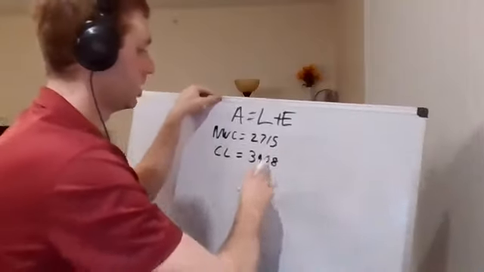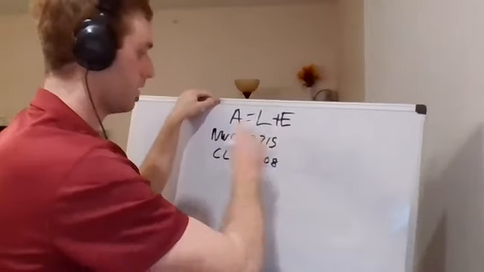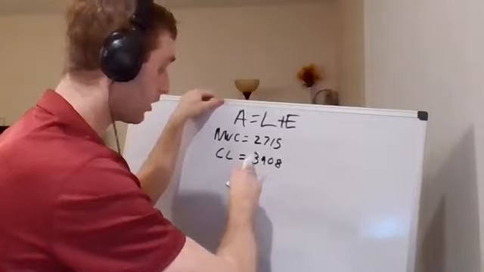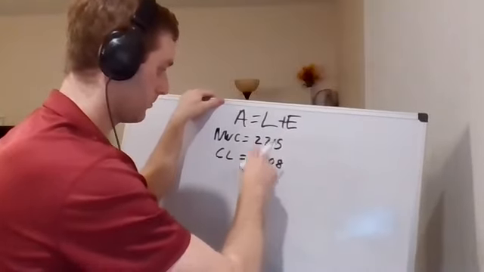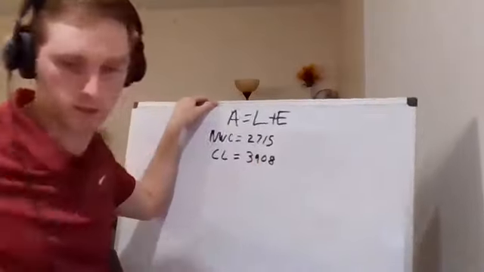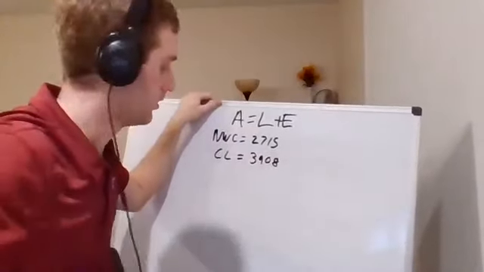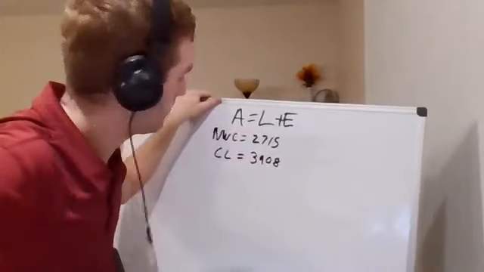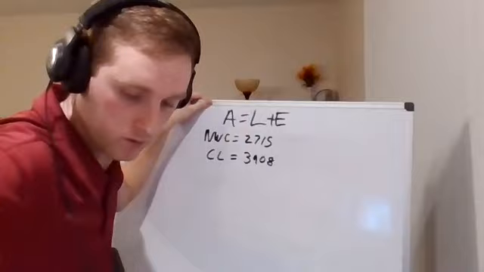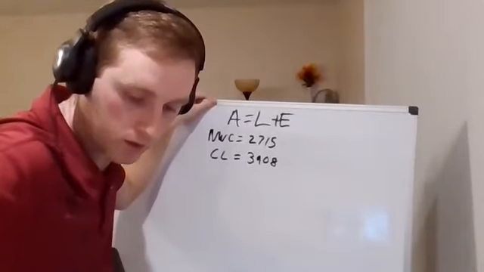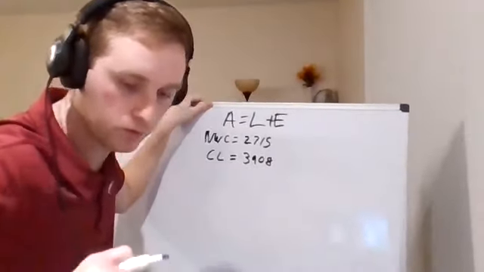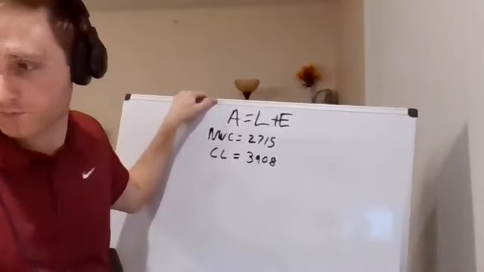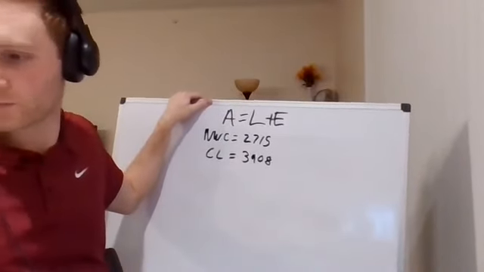So I know this number is our current assets minus this. So I just add them together. So that's 2715 plus 3908 equals 6623.